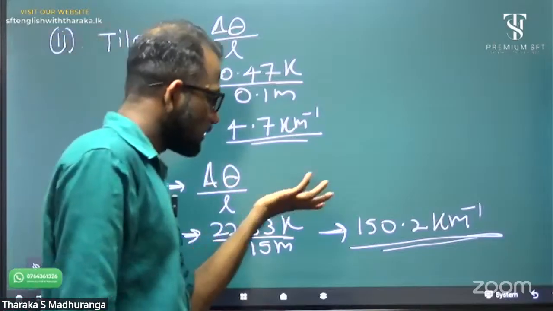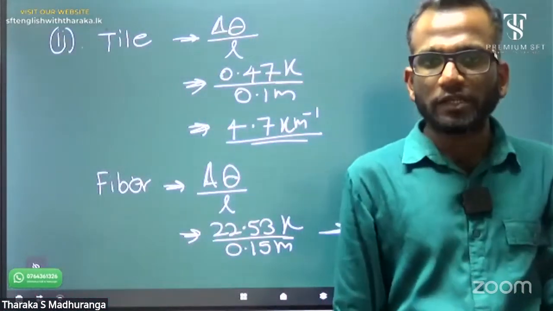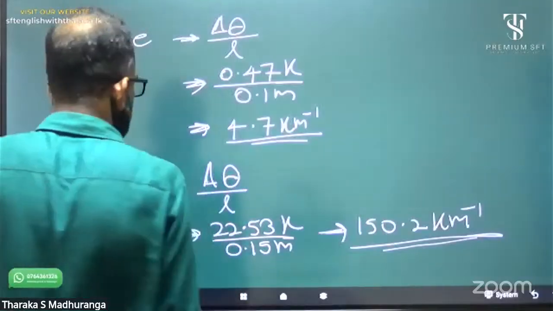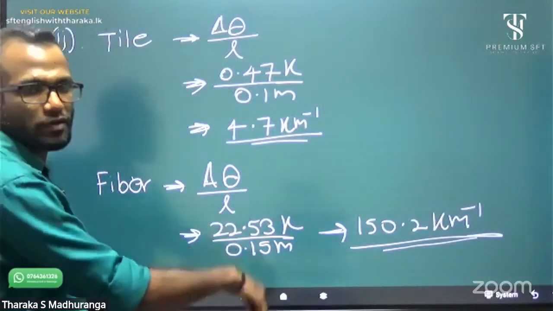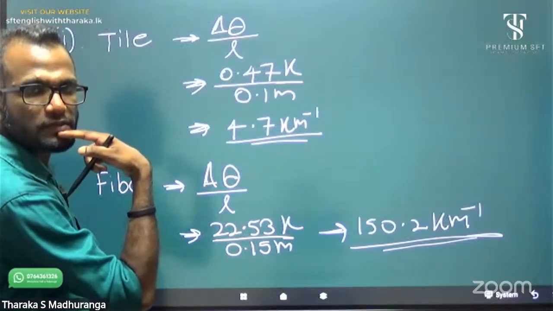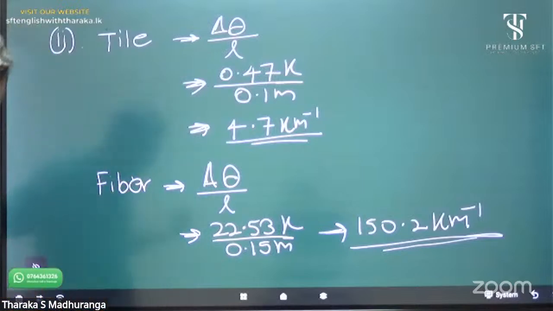Temperature difference means always higher temperature minus lower temperature, not the final temperature minus initial temperature. It is 22.53. Okay, then not minus, it's plus. Okay.